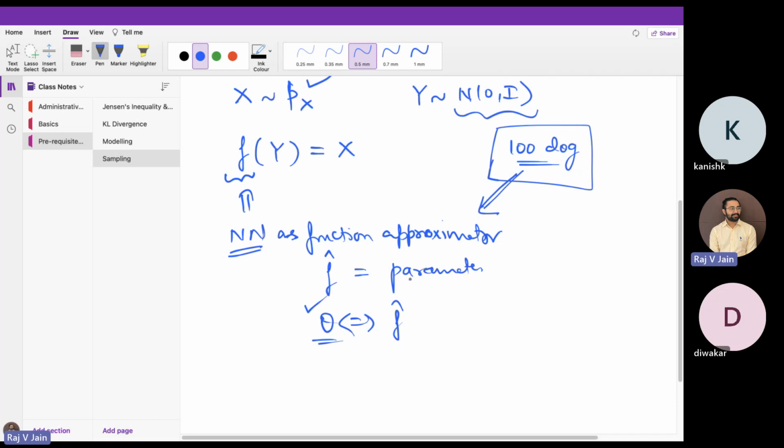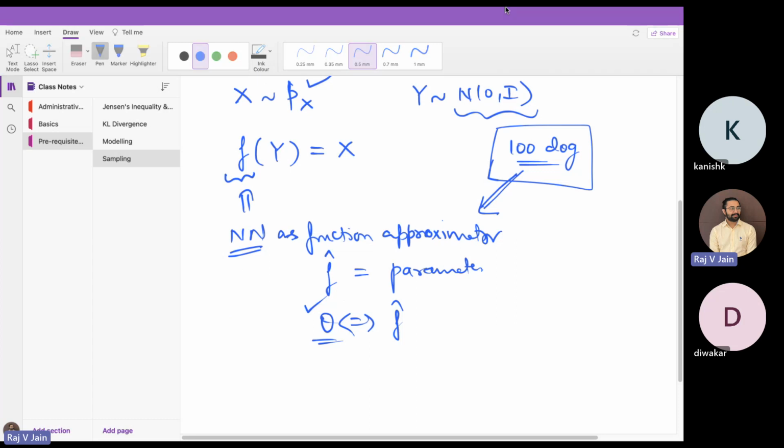That is my function approximation. However they are connected, for example using ReLU or whatever activation function and all of that stuff we have in neural network literature, whatever they do, I know exactly how my function f hat is behaving using these theta parameters, and that will basically convert a n0i, that is a sample from a Gaussian distribution, to a dog image, right?